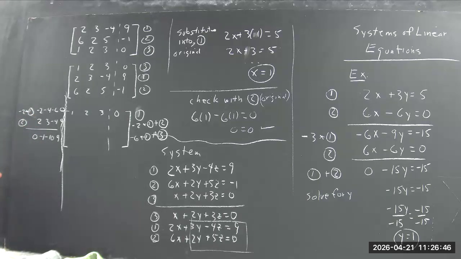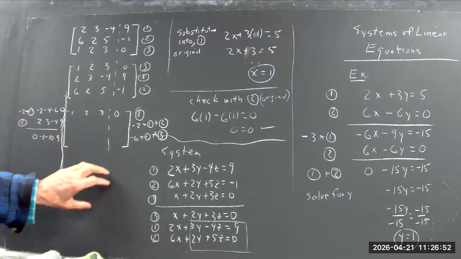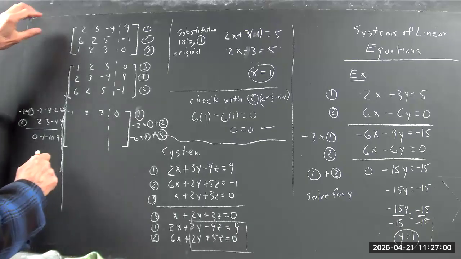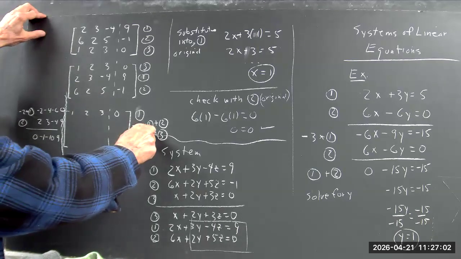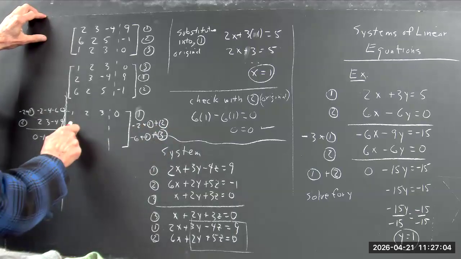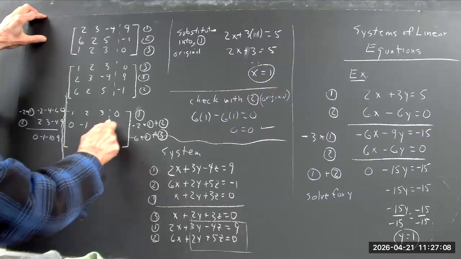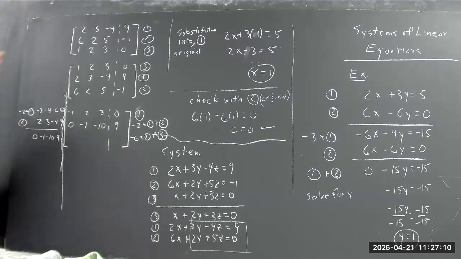They might not even be able to read that, but what I've done is I've just done this arithmetic over here, not down here where it'll confuse everything. So what I see is -2 times row 1 added to row 2 gives me 0, -1, -10, 9, assuming I've done that correctly.